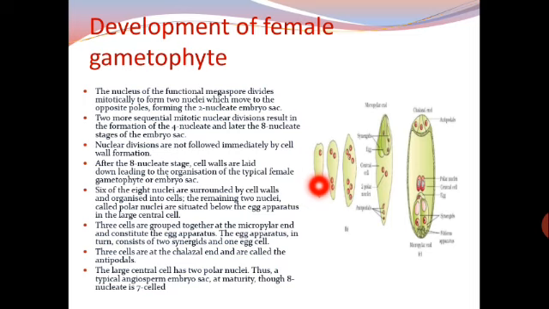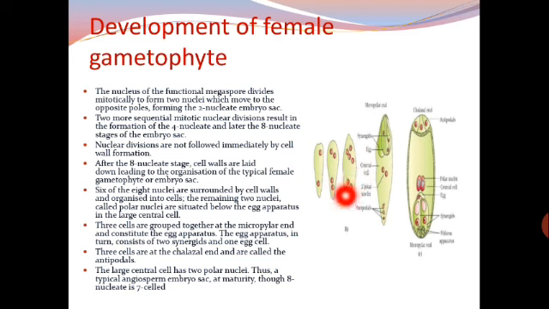2 more sequential mitotic nuclear divisions result in the formation of 4 nucleate and 8 nucleate stages of the embryo sac. So here the 2 nucleate embryo sac will further divide to form a 4 nucleate embryo sac. Again it divides to form an 8 nucleate embryo sac. Now these nuclear divisions are not followed immediately by cell wall formation.